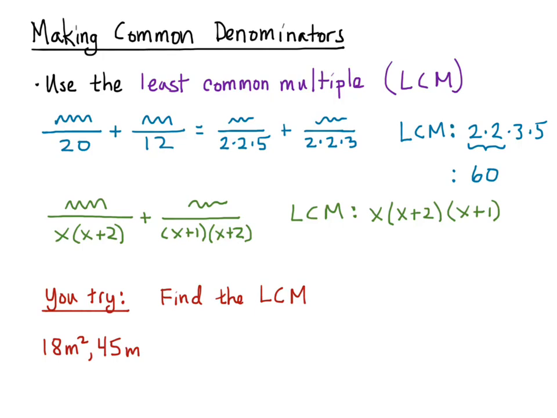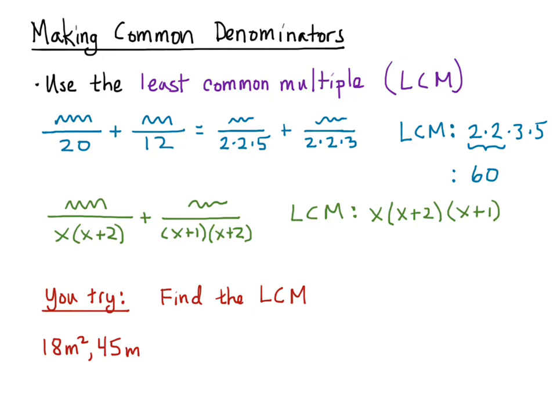So it's going to be 2 times 3 times 3 is 18, m squared, and 45m is going to be 3 times 3 times 5, m. Now what's in common is I have two 3's in common, and if I write this out as m times m, I have one m in common.